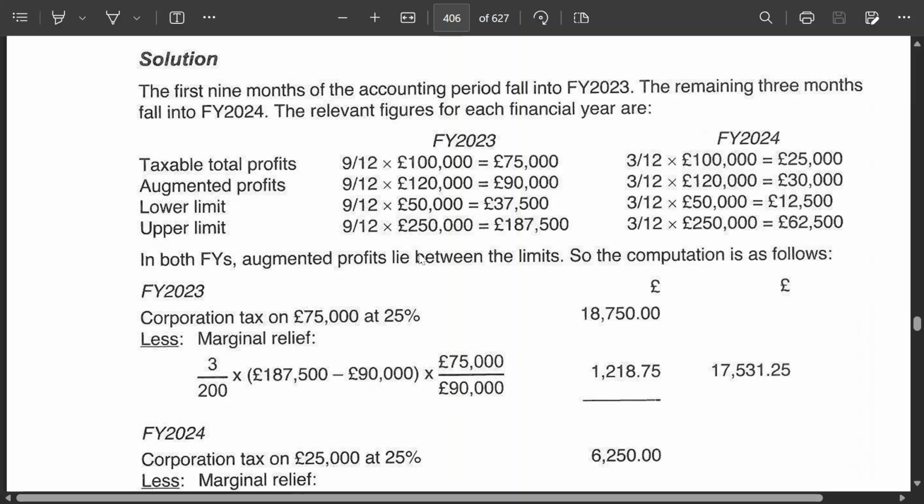So UL here, AP here, times TTP here, divided by AP. If you do all this, you get this number. And so this 18.8 minus 1.2 is this 17.5. Is this clear?